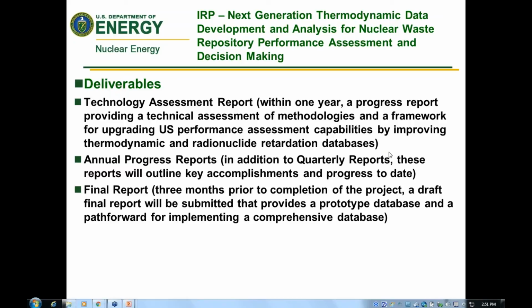Are only chemical thermodynamic data of interest, or also transport parameters, and how they might be affected by things like temperature? Yeah, the answer to that is less on the transport as much as the chemical issues with high ionic strength and temperature dependencies. Those are important things for us.